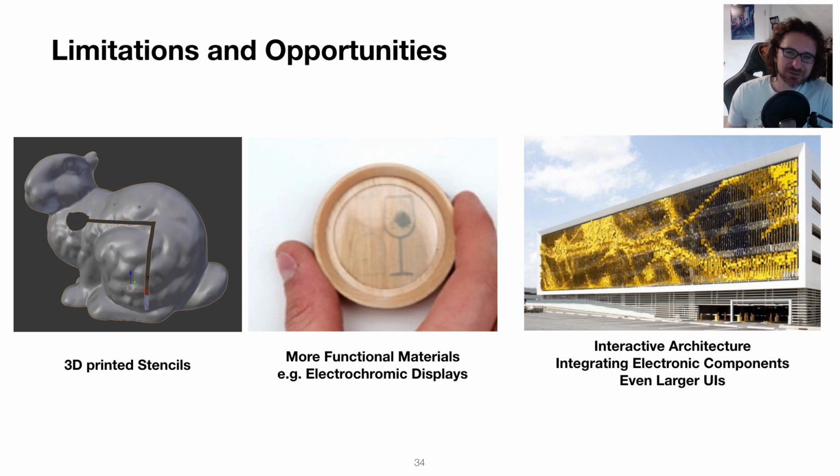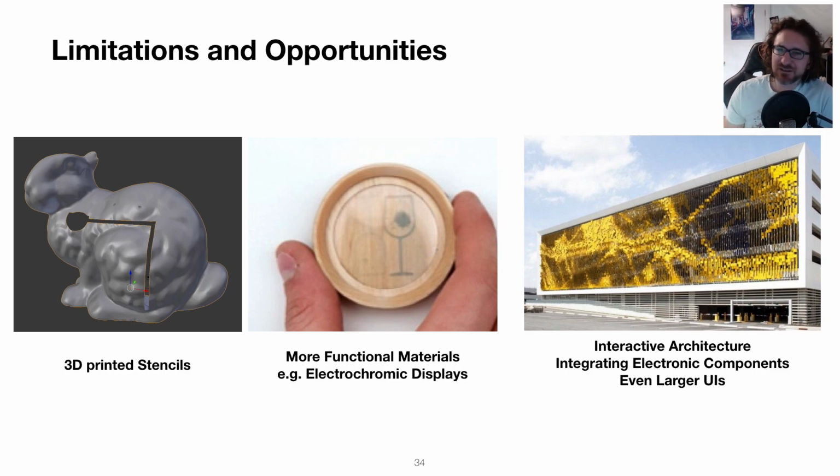So far we focused only on electroluminescent touch displays, but there are also very interesting other display technologies, like electrochromic displays, with materials that are very likely to also be sprayable. And third, we're interested in interactive architecture, like in this example, where an architect implemented thousands of gold plates that are controlled with electric motors.